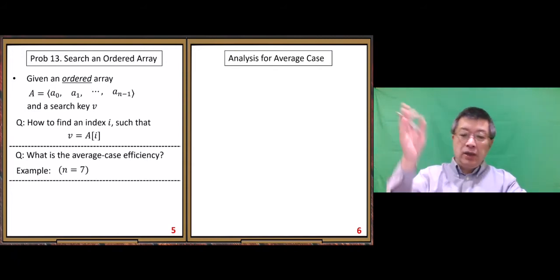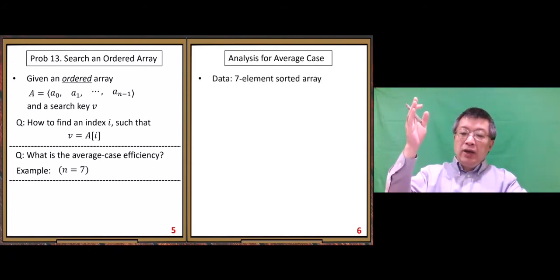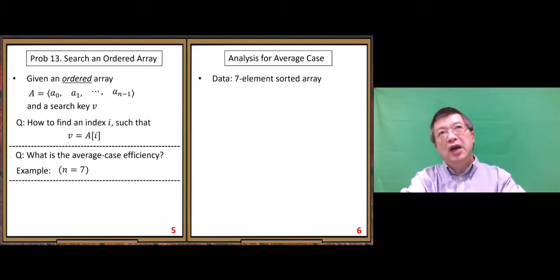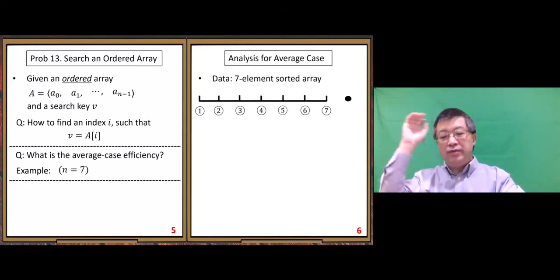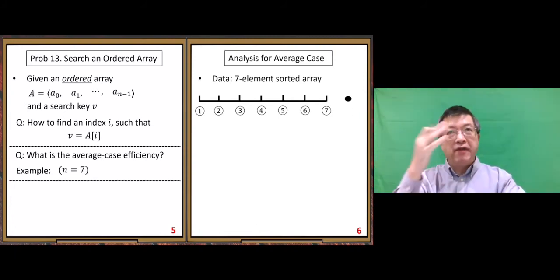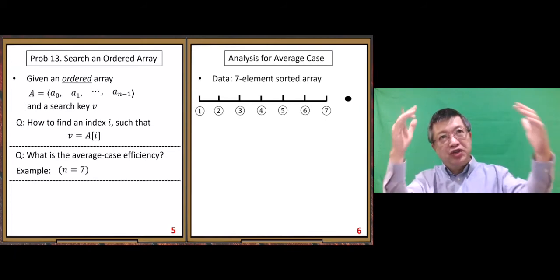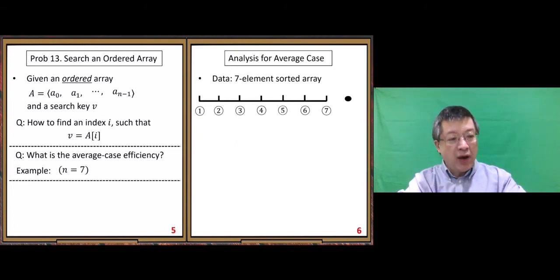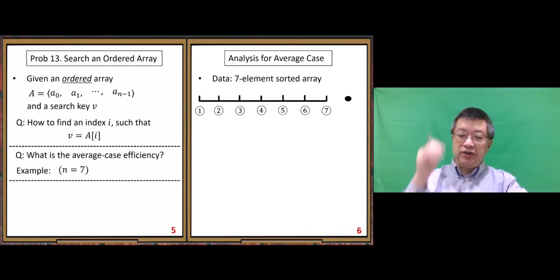We have a 7-element sorted array. I like to draw in this way. You can see these 7 elements are arranged clearly, so we can work on it. We can draw some diagram figures to represent the situation.